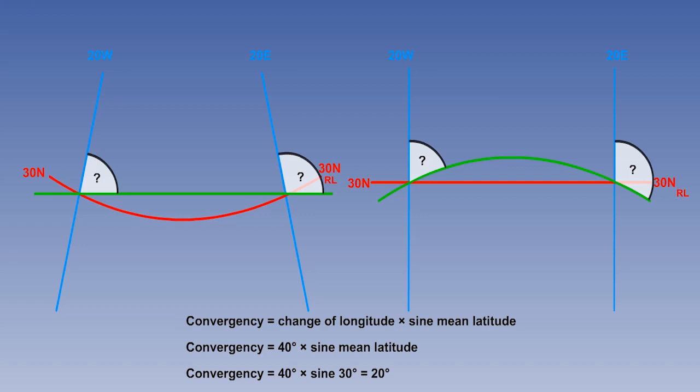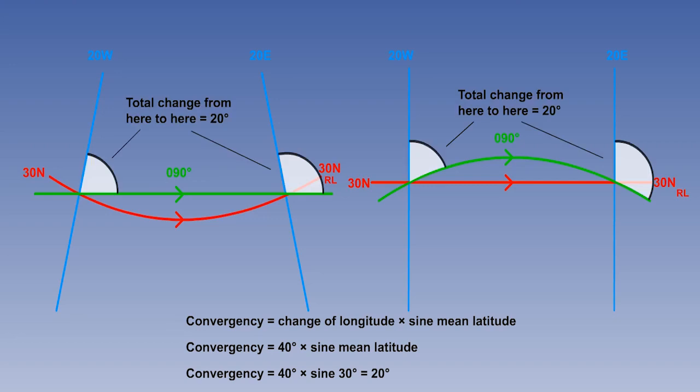But we don't know what the great circle track is in order to change it by 20 degrees. However, there is a way to work it out. Now we know that the rhumb line track is 090 degrees true. It is a parallel of latitude. So the great circle track at midpoint must also be 090 degrees true. Now, bear in mind that in the northern hemisphere, tracking from west to east, the track angle will increase. Remember the DIID rule.